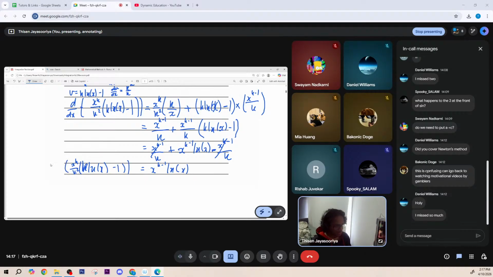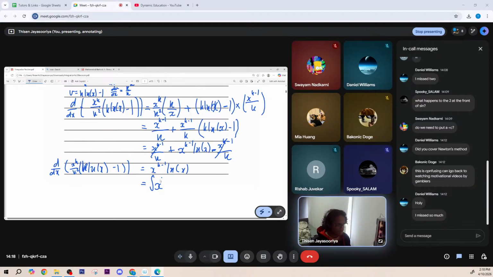Remember d on dx is equal to this, which means, how can we rewrite this as an integral expression? Mia was the only one in the call yesterday. Mia, how can I rewrite this as the integral expression? It was integral of, would it be of the x to the k over k squared, k ln x minus 1?